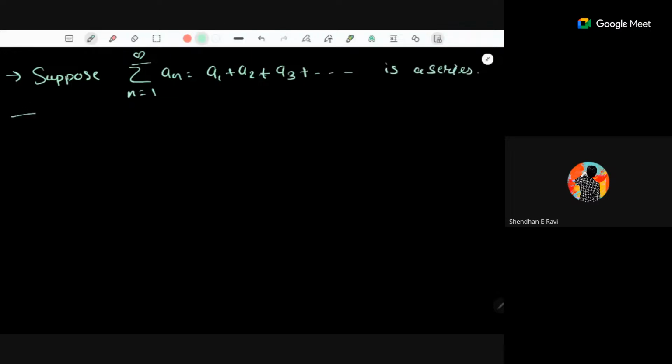Then we say S_n is a sequence of partial sums.